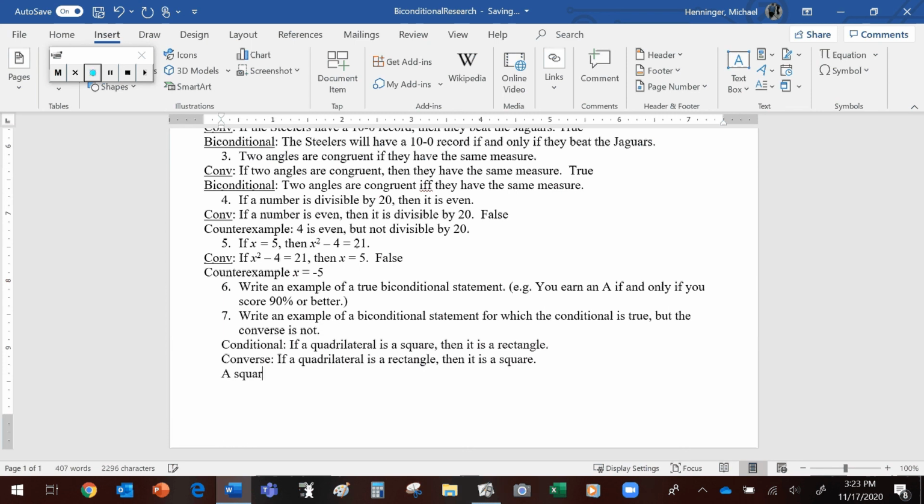So a quadrilateral is a square if and only if it is a rectangle. Okay, this would be a false biconditional statement, because while the conditional is true, the converse is false, and they both have to be true in order for the biconditional to be true.